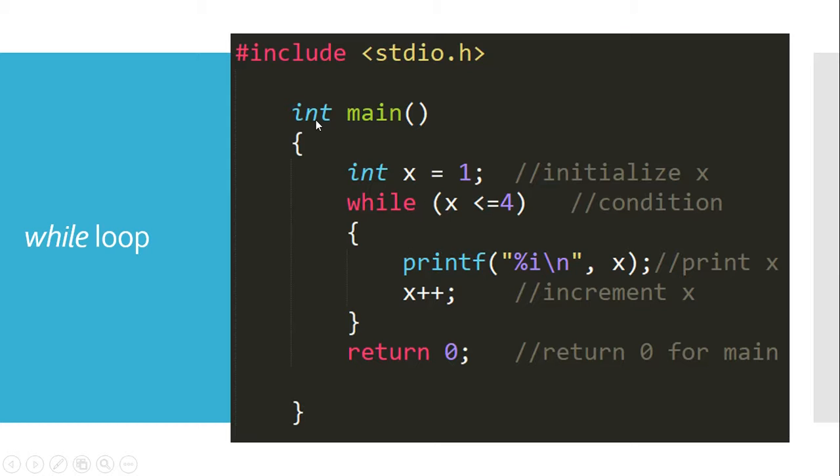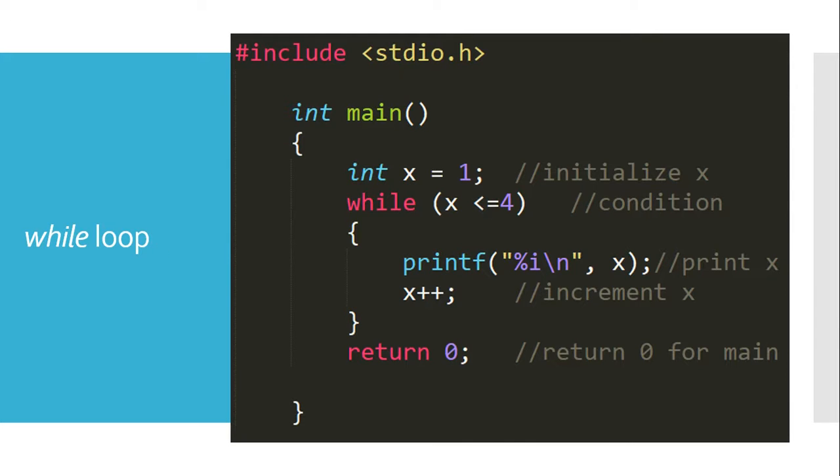So you have to return some kind of int. So it serves absolutely no purpose right now, but just for the sake of keeping this in mind, you can just return a 0 just to make it work. But you can also put void, and you don't even have to put that return 0 in there. All right. So I initialized x, int x is equal to 1.